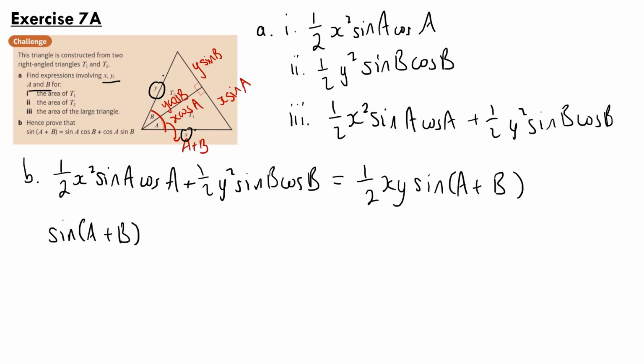So well, actually, first of all, we can cancel out all of the halves to make our life a bit easier. So the first term then is going to be x squared over xy, or x over y, sine a cos a, plus, and then now it's going to be y over x, sine b cos b.